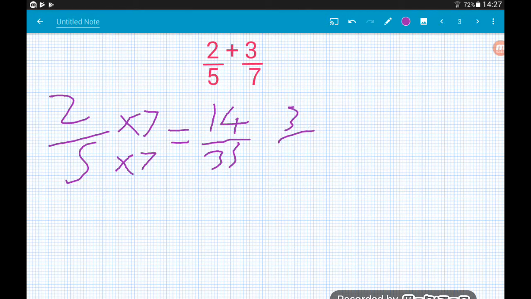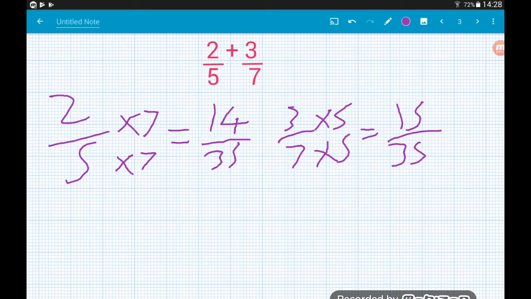Then we need to do the same with 3/7. To turn 7 into 35, we multiply it by 5. We do that up on top as well, so 3 times 5 is 15, and 7 times 5 is 35.